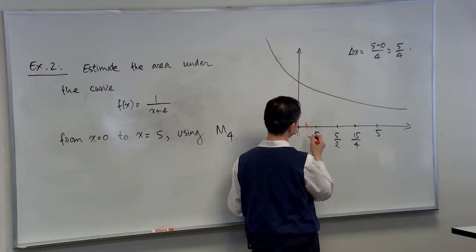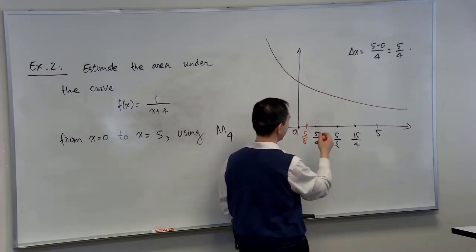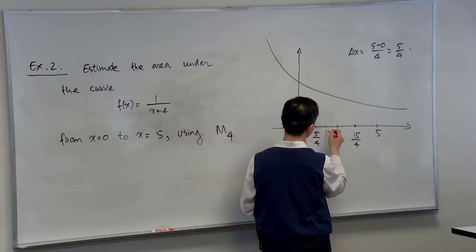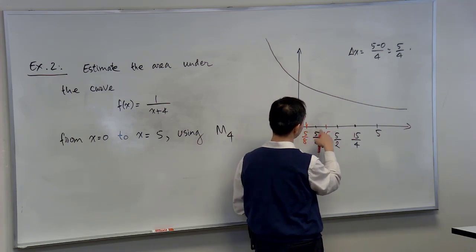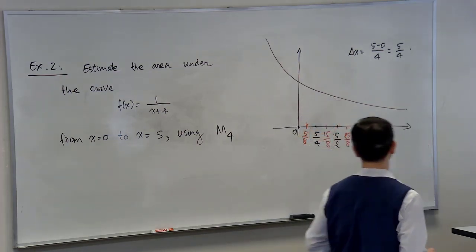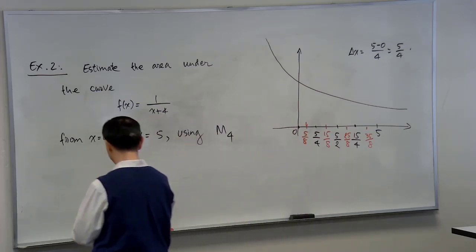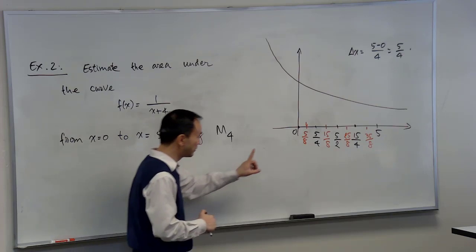You guys follow? And right here, that red one, was 15/8, then 25/8, and the fourth one right here. So for calculating M4, we've got 4 subintervals, and the midpoints are written in red ink.